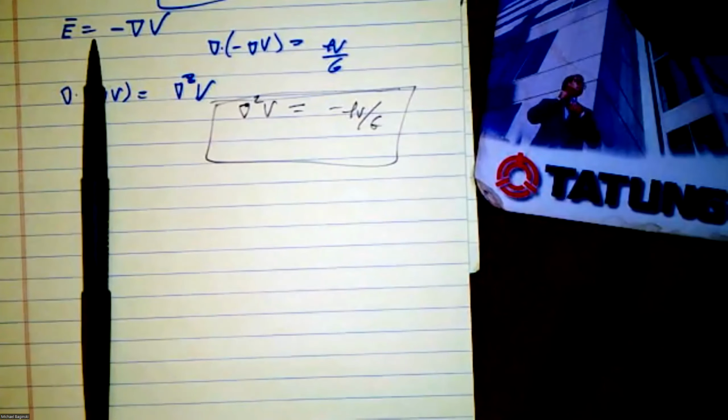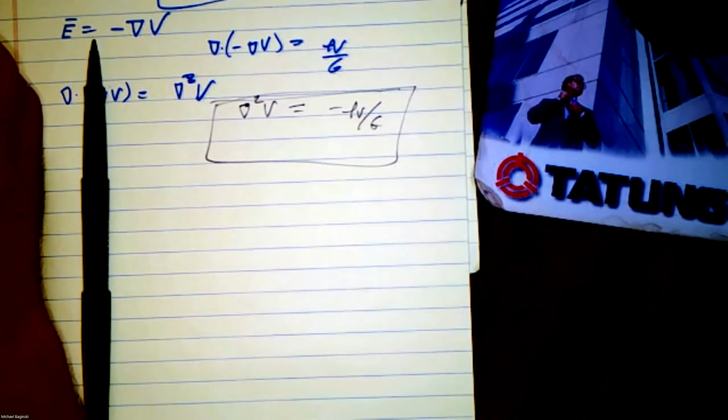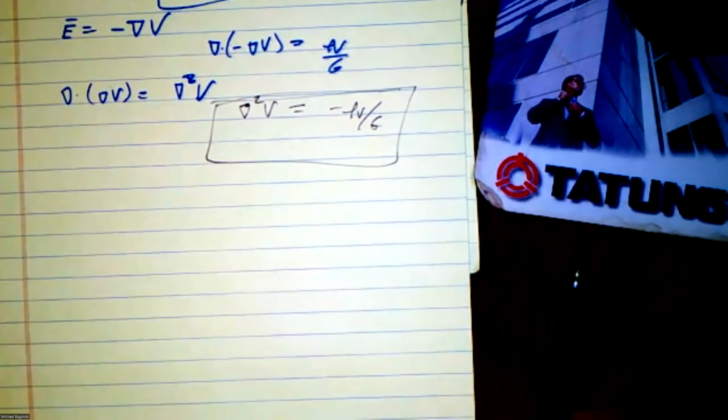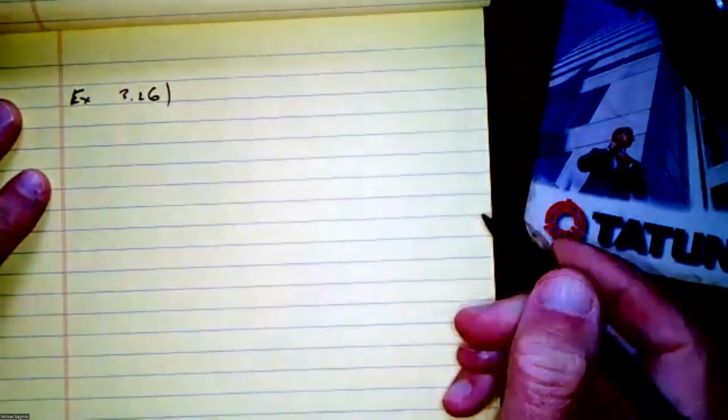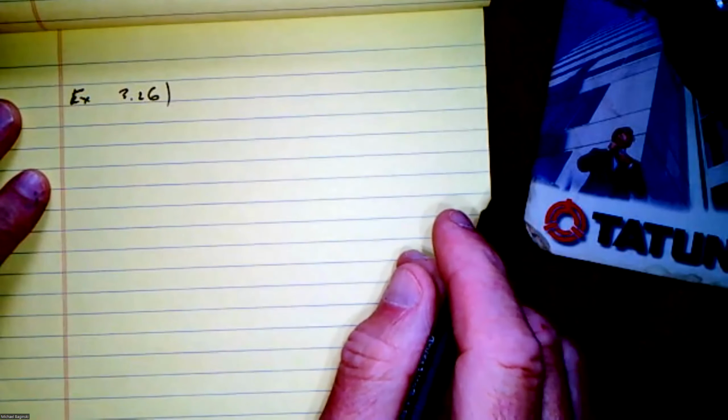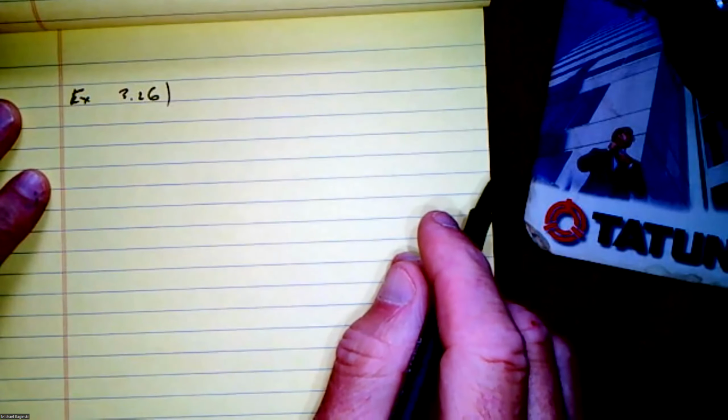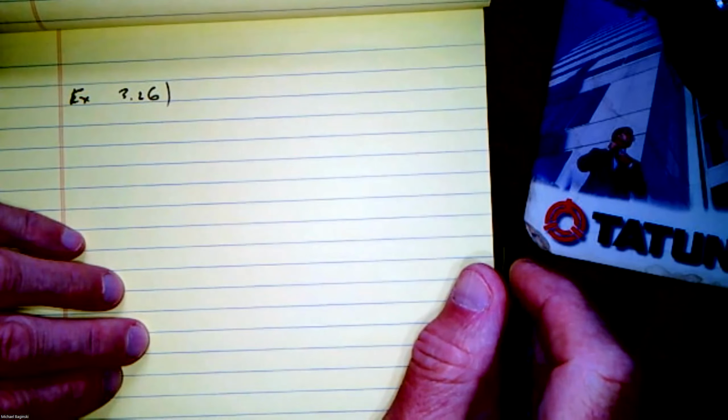And let's see what he's got here. First one's trivial. Let's look at example 3.26 on page 193. So I'll try to do this in a way that's meaningful. He says, determine the electric potential in a dielectric region between a pair of concentric spheres that have a potential difference VAB as shown in figure 5.3.